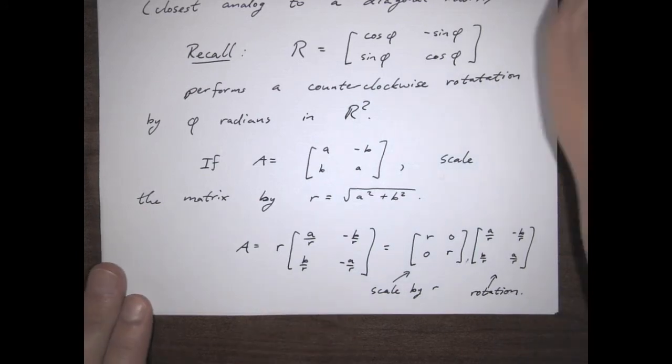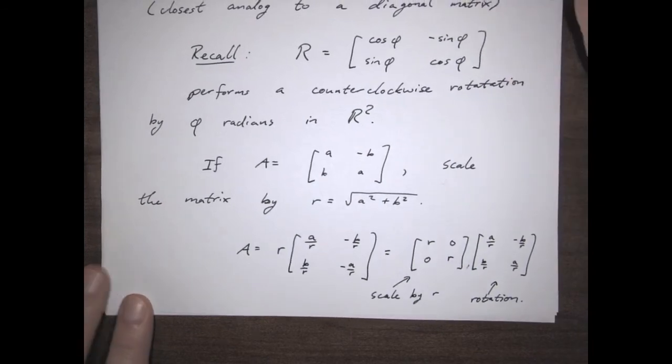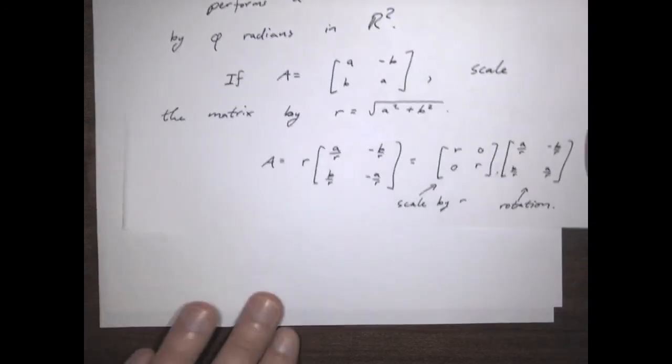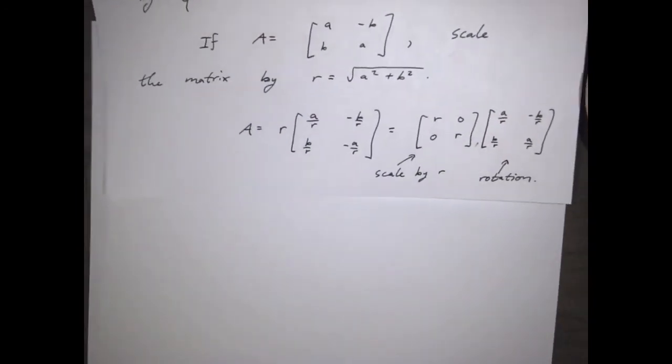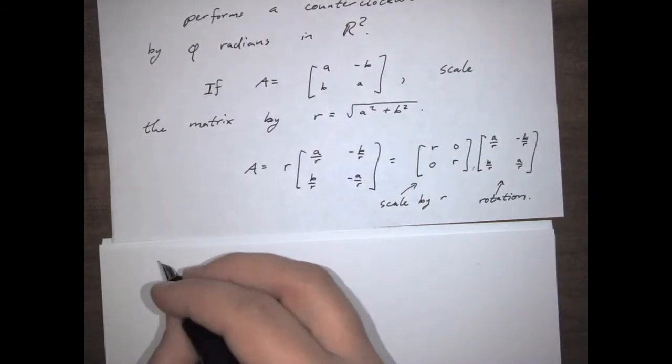Now, the angle of the rotation that's being accomplished here will be the angle that corresponds with this point on the unit circle. Now, the easiest way of untangling what that must be is to use an inverse. In this case, tangent would be the easiest.